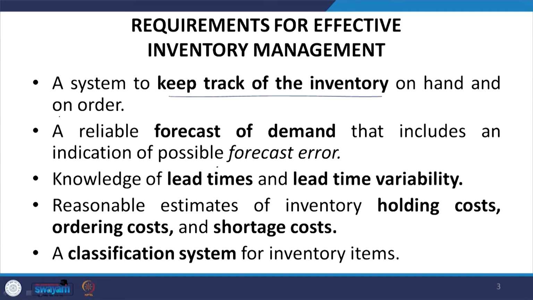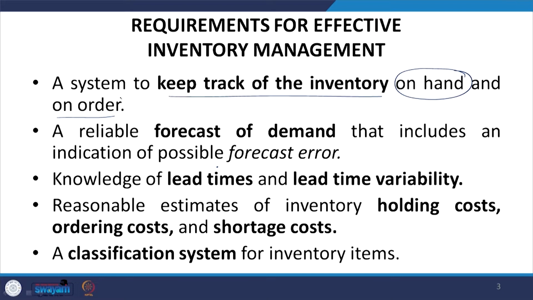Earlier somebody else was the store manager, today you become the store manager, and you do not have any idea how many orders are already placed. In that case, sometimes you place orders twice or thrice, and that is going to have a poor effect on your inventory management system. So, you have to keep track of on-hand inventory and on-order inventory.